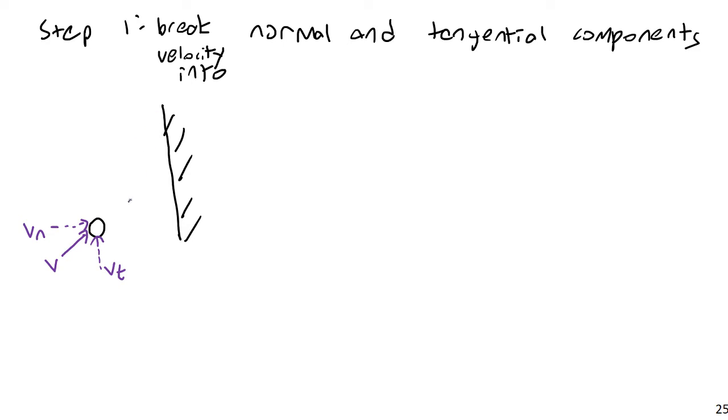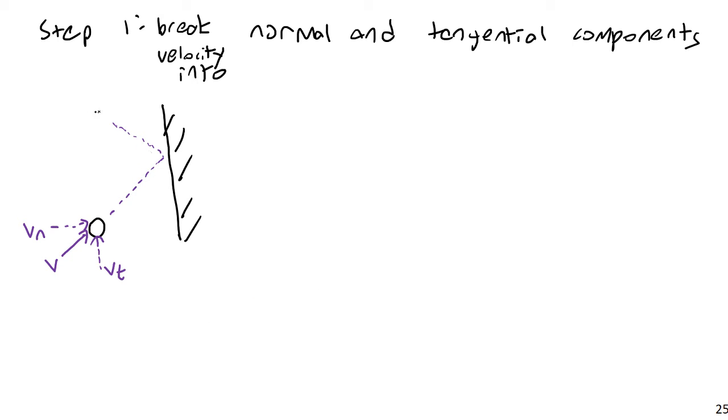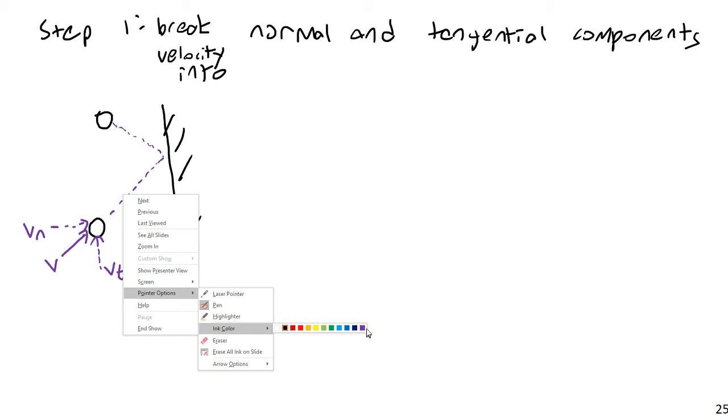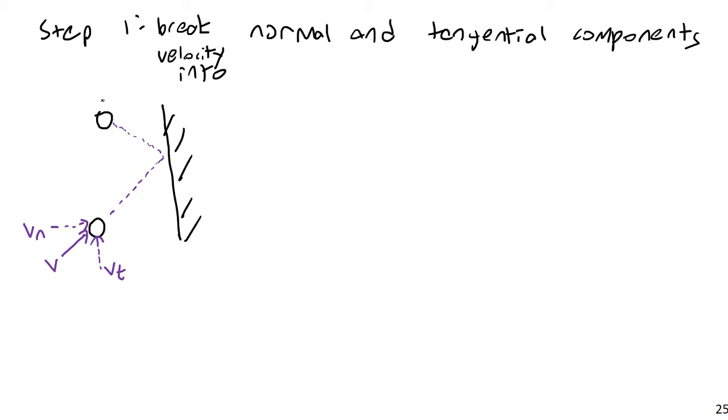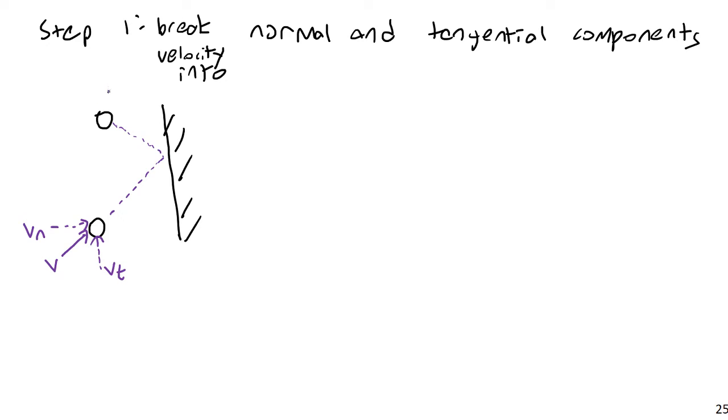Then this will rebound, and after it rebounds the ball will be over here somewhere, and it will also have tangential and normal components, vt prime and vn prime.